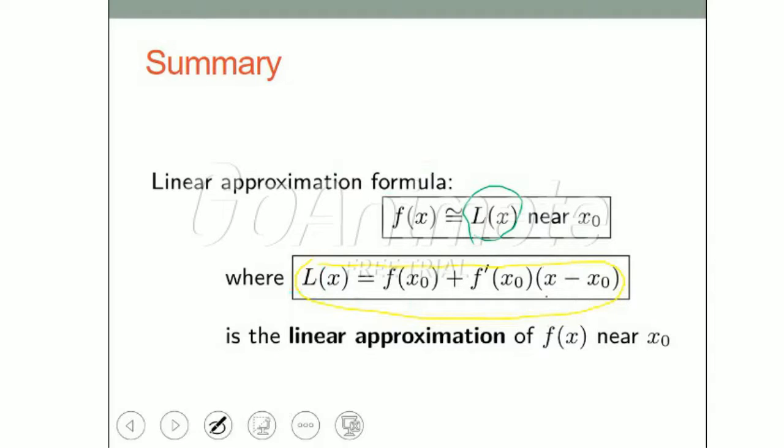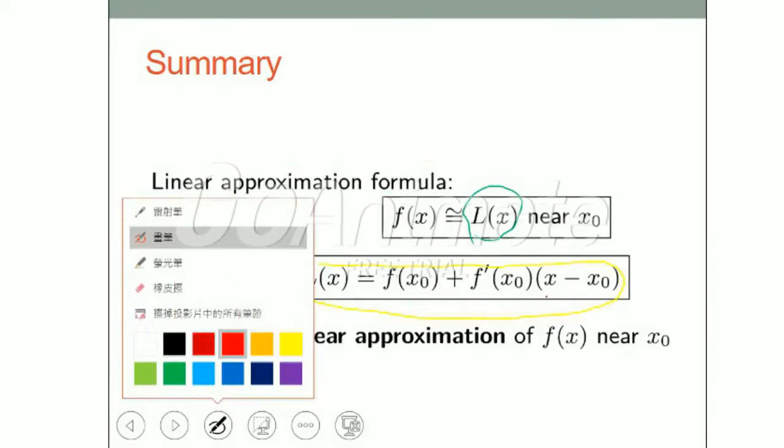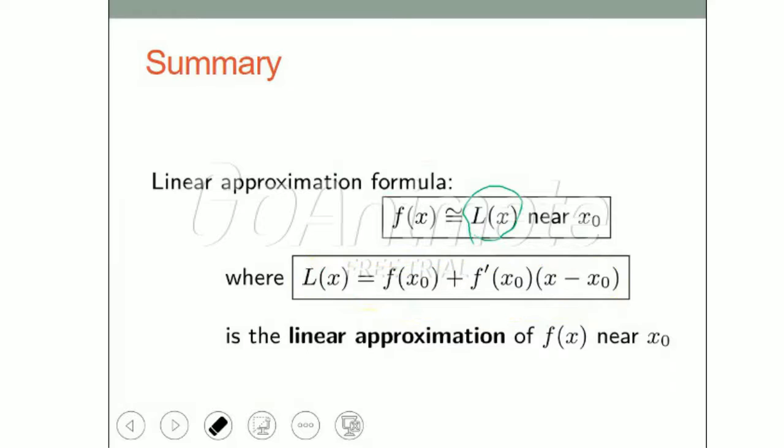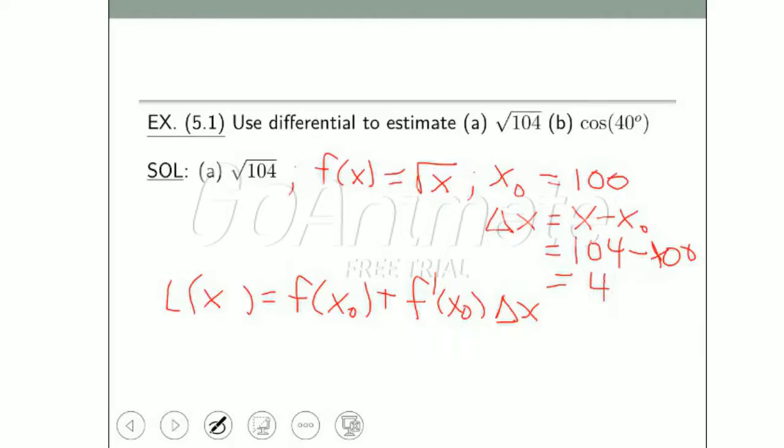This is our change in x. So we have everything except for f prime of x naught. Well, what's f prime of x naught?